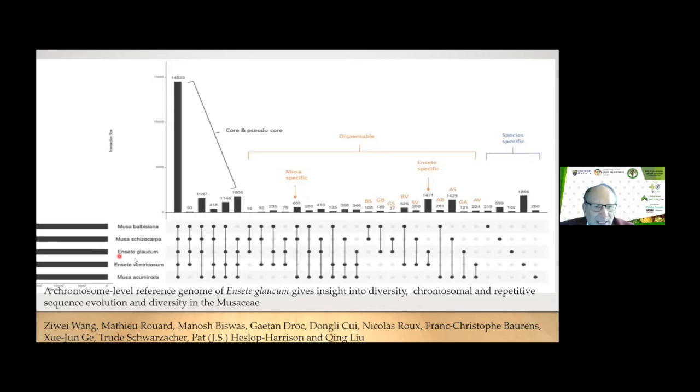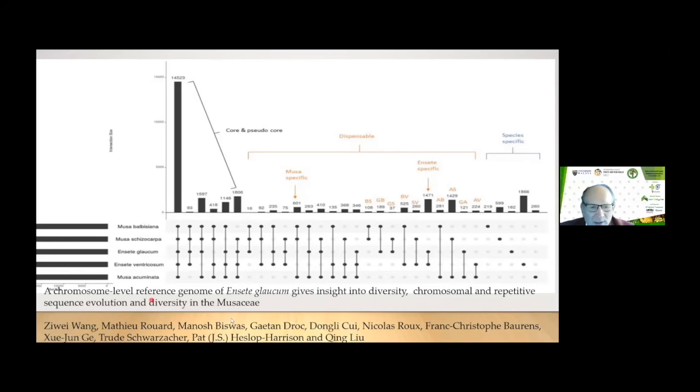And the Ensete glaucum is particularly interesting because it's the most resistant of bananas to abiotic stress. It's the only banana that will grow in snow and at higher latitudes. So can some of that biotic stress, which may also be related to abiotic stress, be transferred?